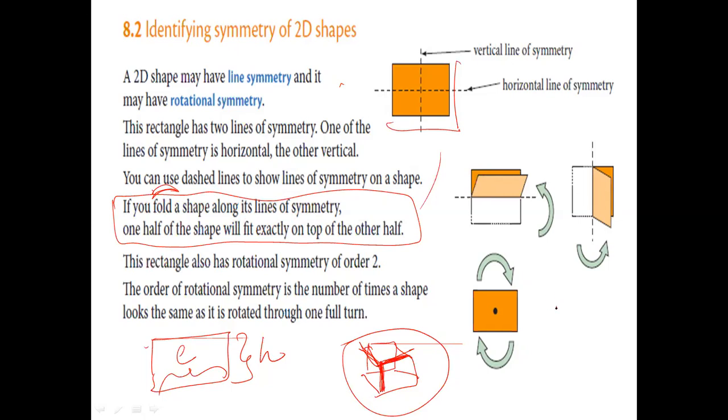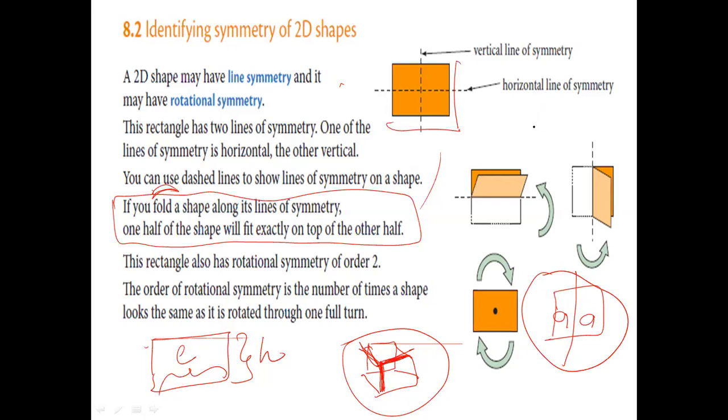For example, this one is our paper. When I divide it into two equal parts, for example, this part is A, also this part must be equal to A. If I can divide it into two equal parts, this shape is called symmetry. It has symmetry.